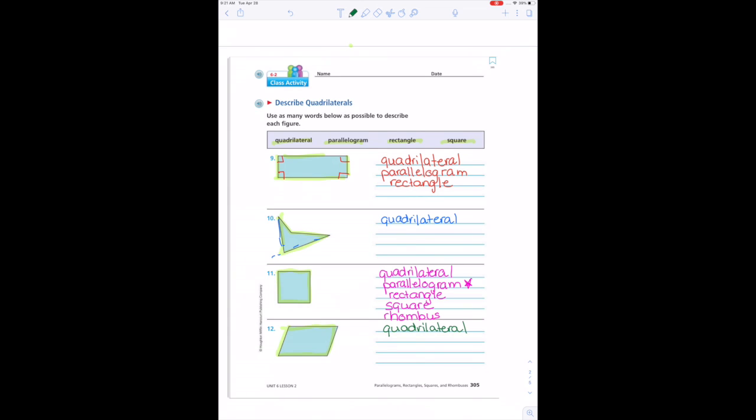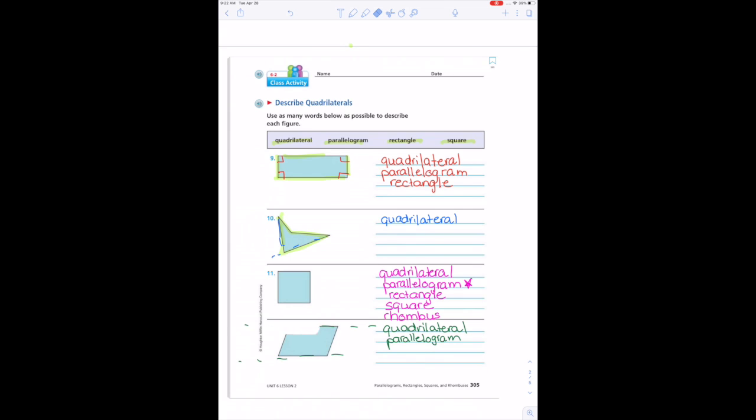Are they parallel? So if my lines continue on forever, those are parallel, right? Let's take a look at these ones. If these lines continue on forever, are they parallel? They are. So we have a parallelogram as well.